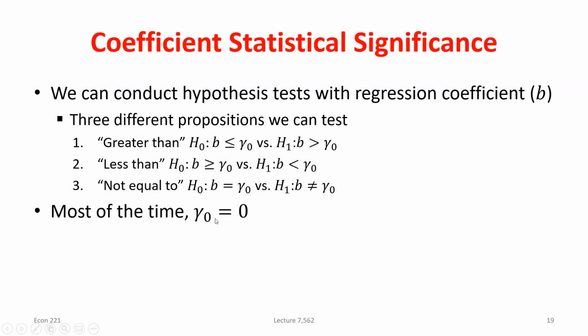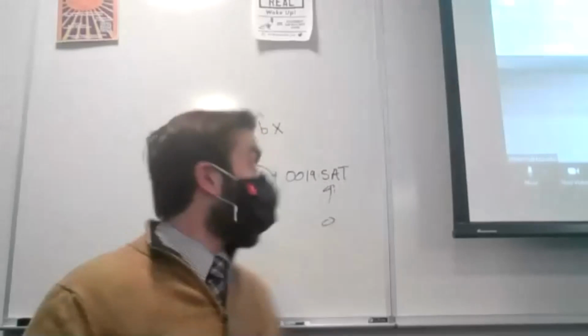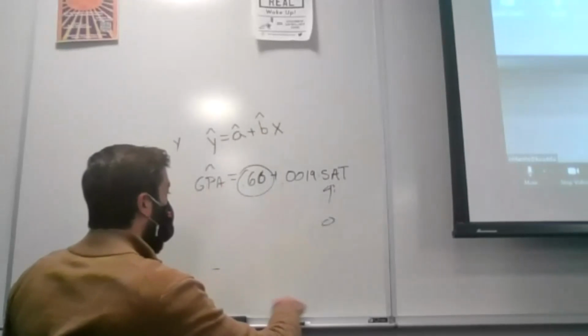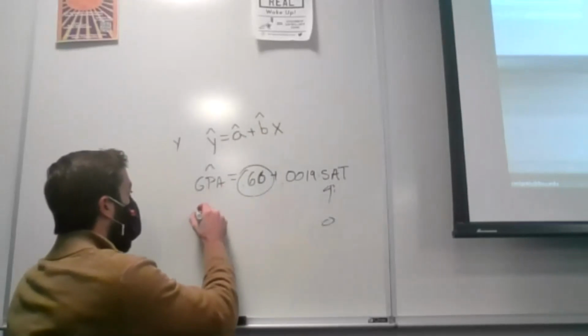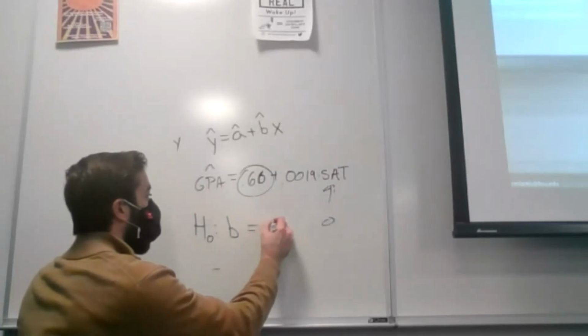But what we're always going to do, every time in this class, and most of the time in general, is assume that the true value of b, the slope, is always equal to 0, right? So I'll write this out a little bit more formally so we can think about what our null and alternative hypothesis will always be.